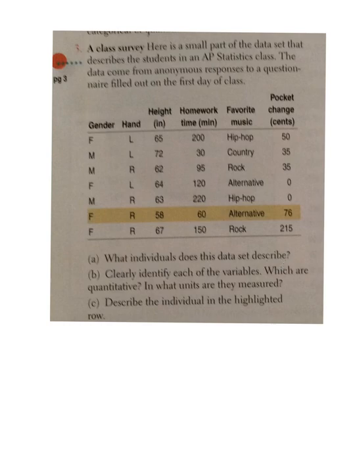Well, they're AP statistics students that filled out the survey. Those are the individuals involved in this study. Identify each of the variables which are quantitative and the units that they are measured. Okay, so again, quantitative is going to be the stuff that we can measure.